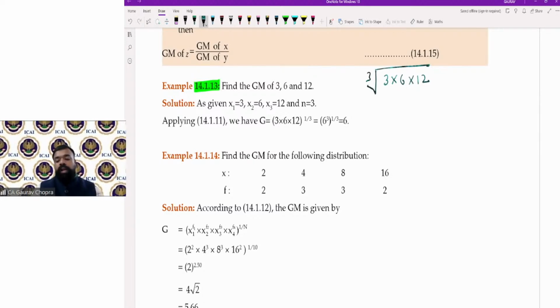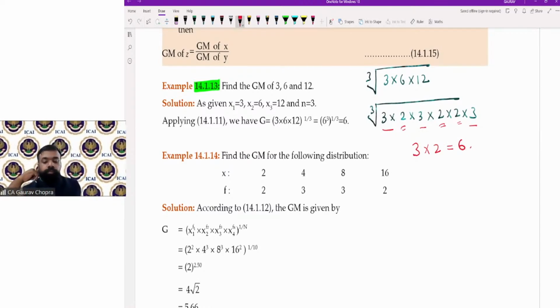Or you can do the factors and find it out. So 3 is written as it is. 6 can be written as 2 into 3. 12 is 2 into 2 into 3. And then cubic root. 3 is coming 3 times, 2 is also coming 3 times. So the result will be 6.